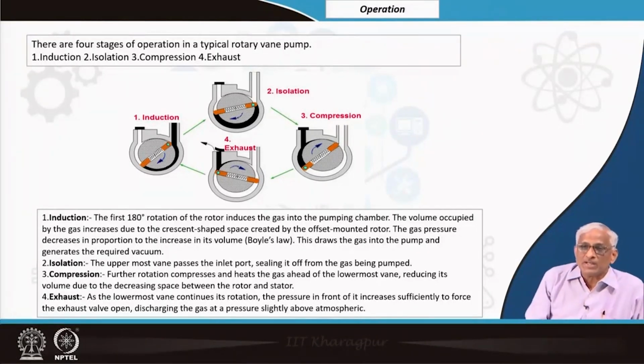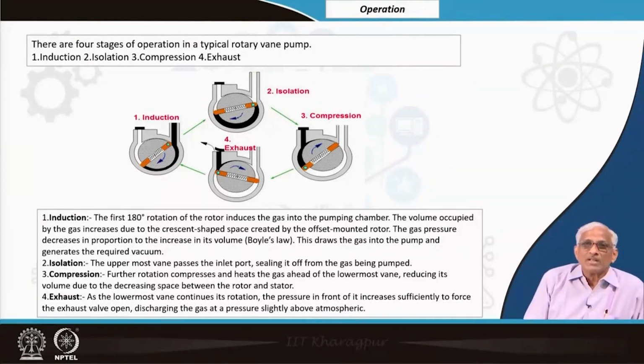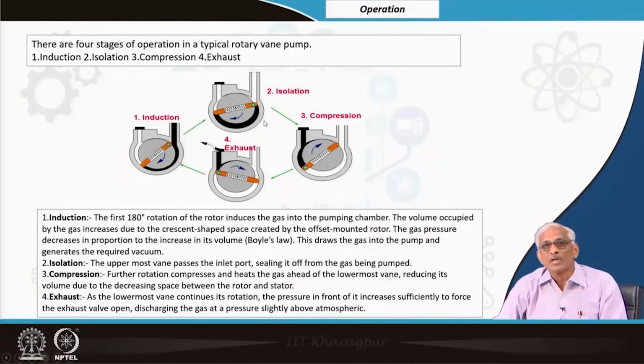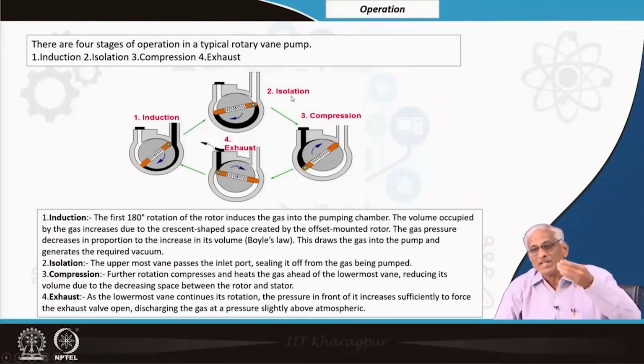When it starts rotating, there will be induction of gas, that is nothing but sucking of the gas from the chamber to be evacuated. There will be isolation of a particular amount of gas, and that will be further compressed and the exhaust is opened, and you will start slowly getting vacuum in the chamber.